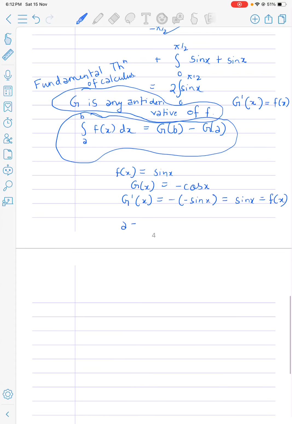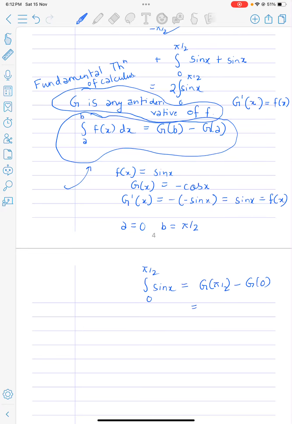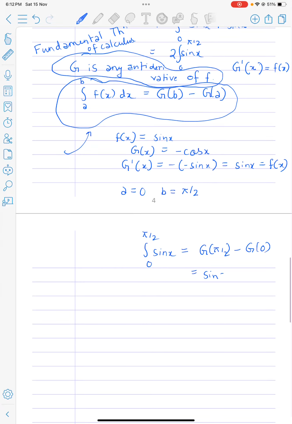With a equal to 0 and b equal to pi by 2, you will get the integral of sin x from 0 to pi by 2 equals G of pi by 2 minus G of 0, that is, minus cos pi by 2 minus minus cos 0. Cos pi by 2 is 0 and cos 0 is 1, so this will be 1.